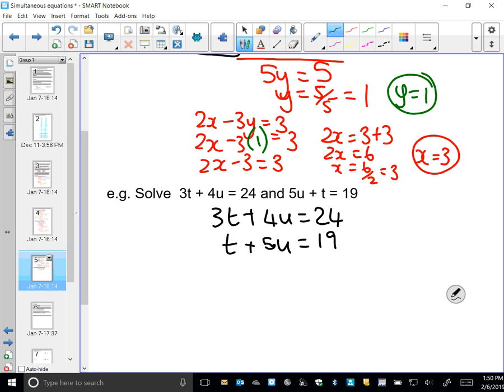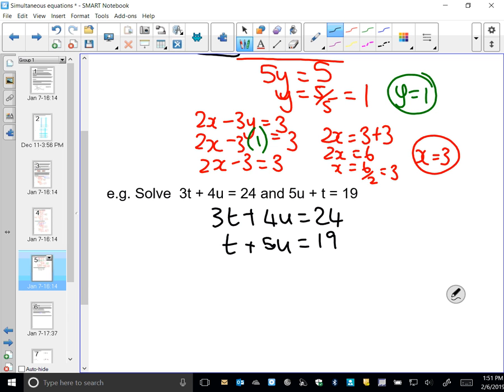Okay? So I've written them now in the same columns, and now I need to establish whether I've got the same number. Hopefully, just looking at it, you don't. And we're going to choose which letter we're going to make the same. Will you ever have it as in one is T and U and the other is T and V?